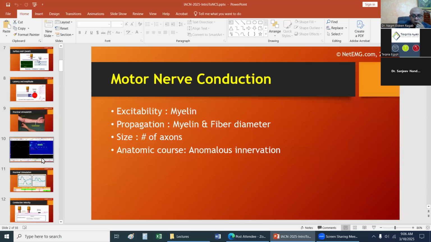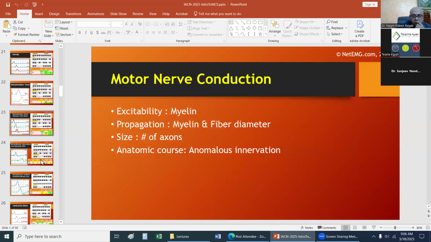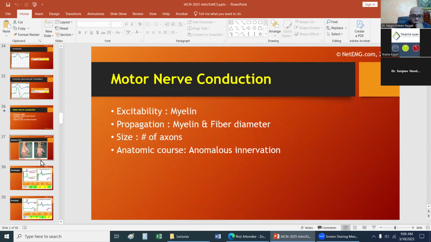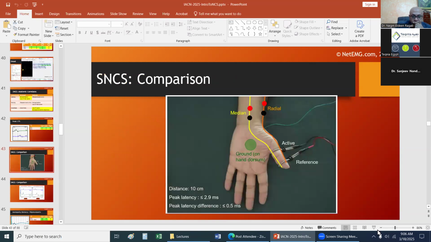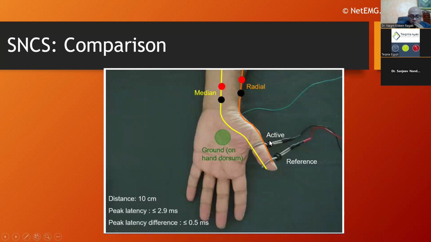Let me show you this example over here, where we look at the latency difference between the radial and median, and we have a normal limit of something like 0.5 milliseconds. So in healthy subjects, we accept 0.5 milliseconds as the limit.